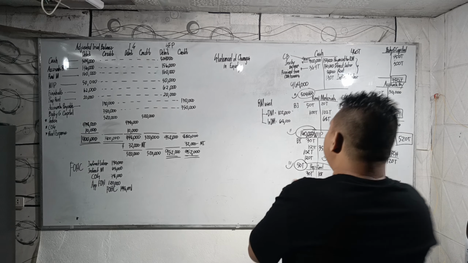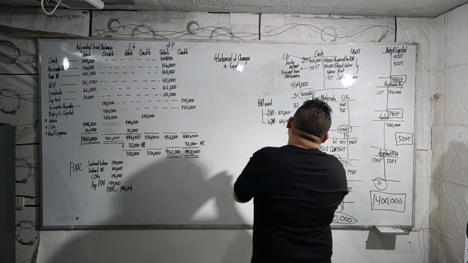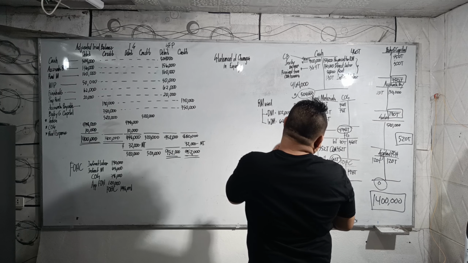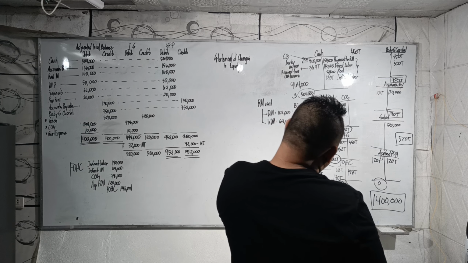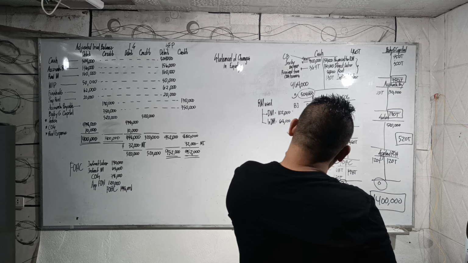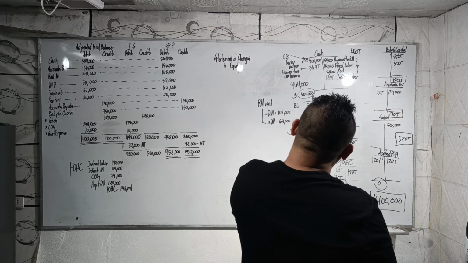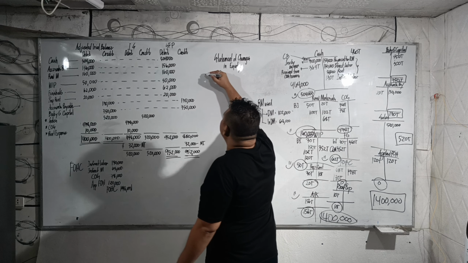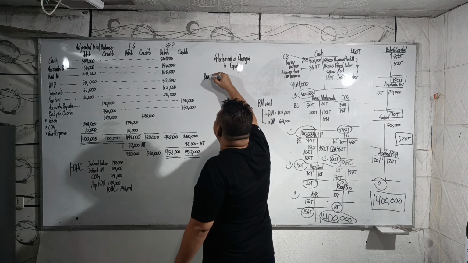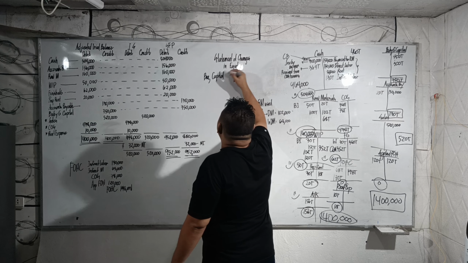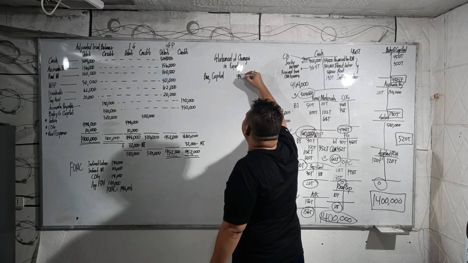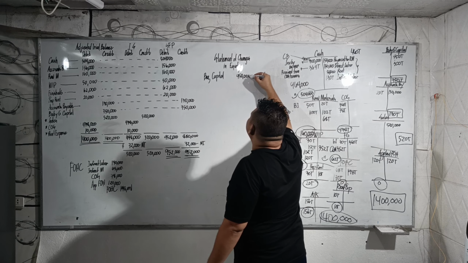So, let's have the beginning capital. Basically, I have forgotten the beginning capital for this one. Do we have, yeah, we have a beginning capital for this one. So the beginning capital is, if I still remember that right, although I looked at the T account, that's 450,000 for confirmation.